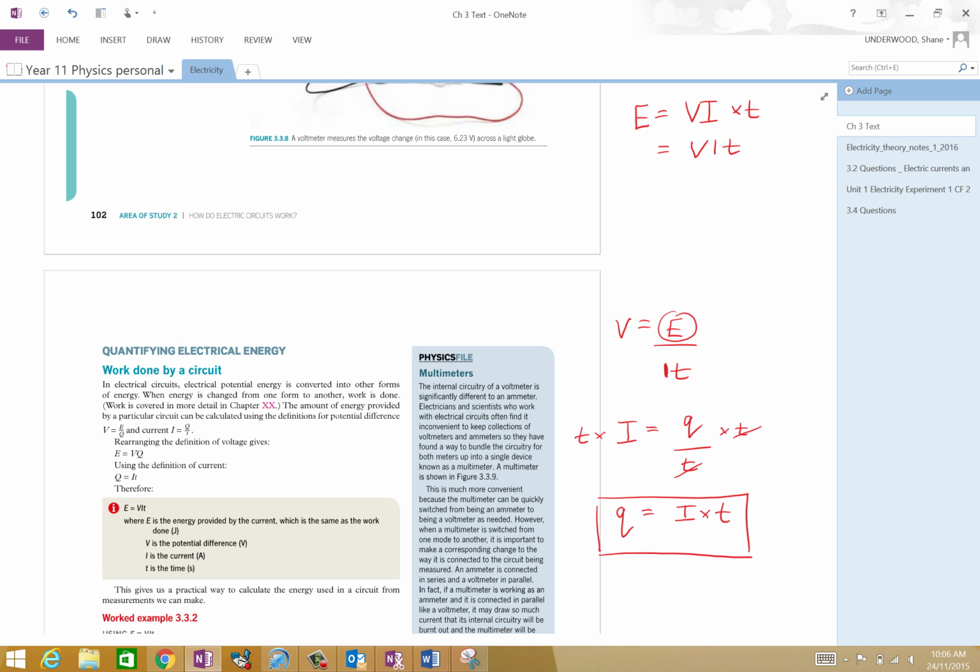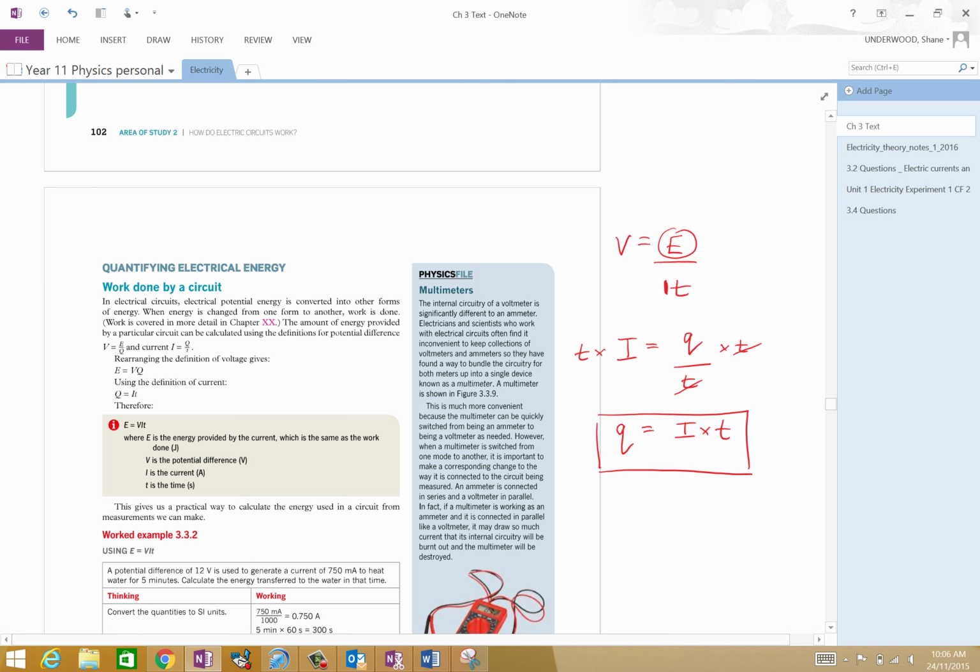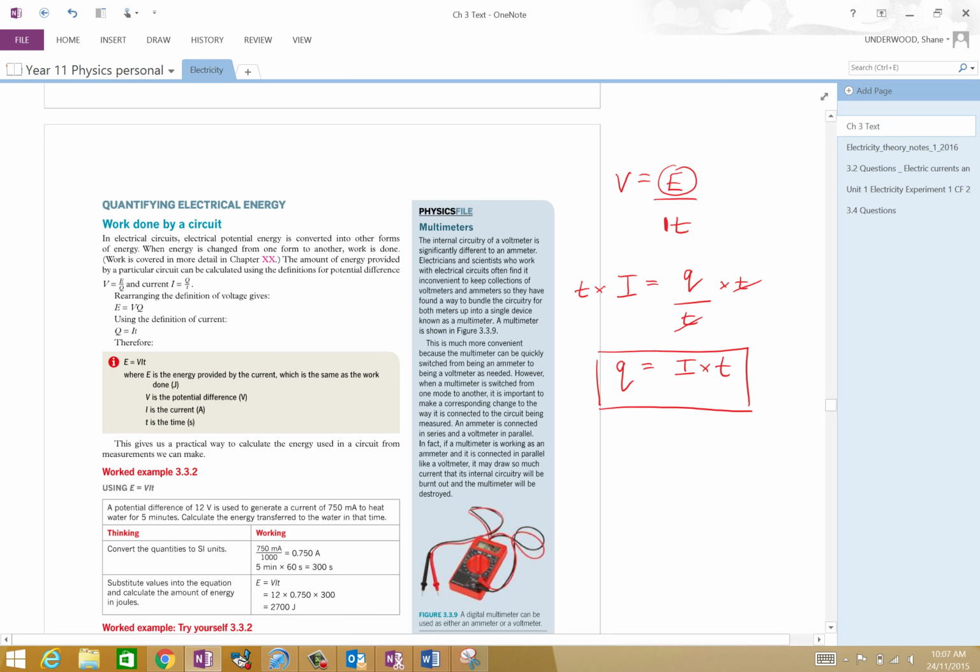If I'm holding a ball up against gravity, I'm doing work on that ball. We would have done that in year 10, I believe. Did you look at work and potential energy at least? Yes. So I've introduced to you this formula, but it's really just coming from the two formulas we've been introduced to: V equals E on Q, and I equals the rate of flow of charge.